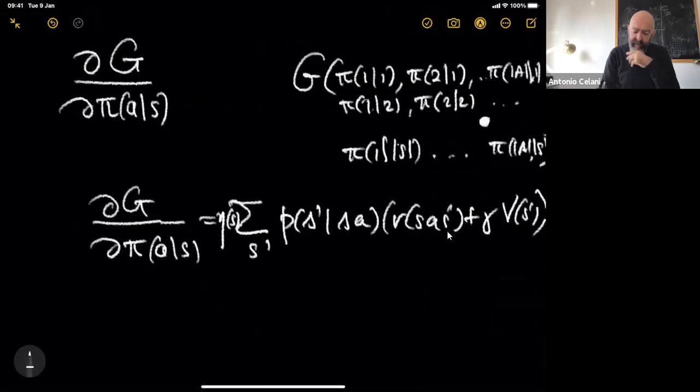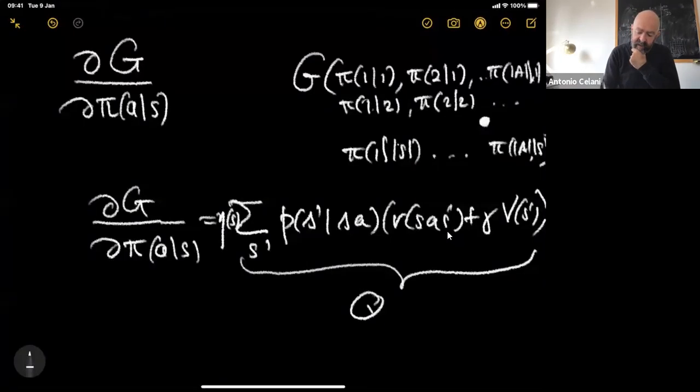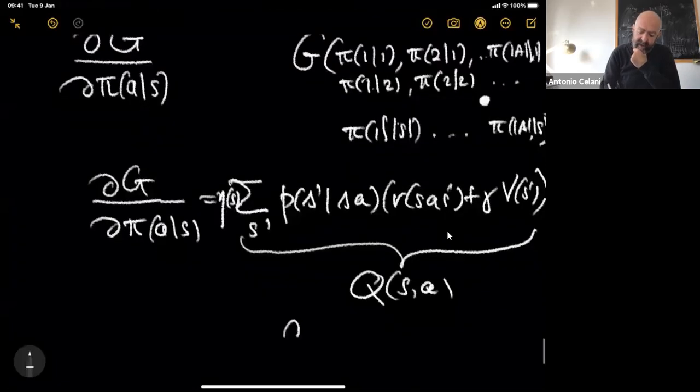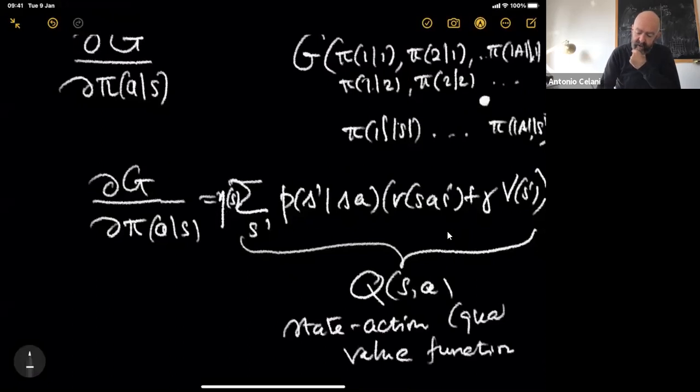Then the very final step. It's useful to define this object, give it a name, which is Q(S,A), which is also the state action value function, also called the quality.